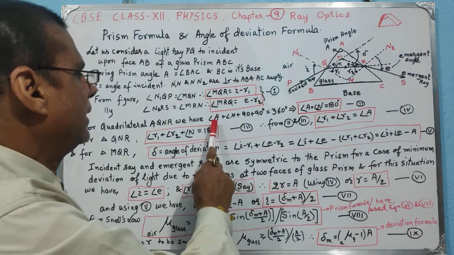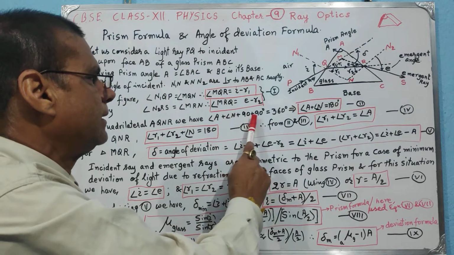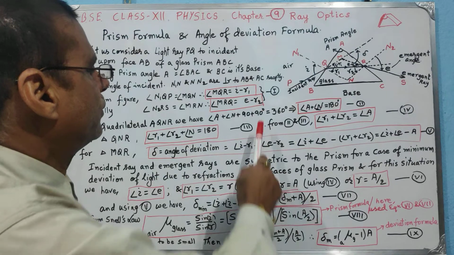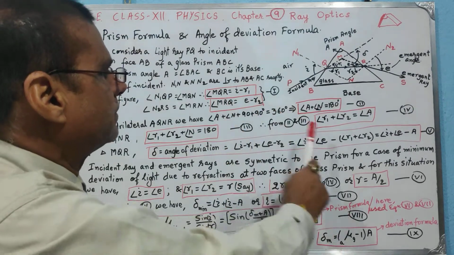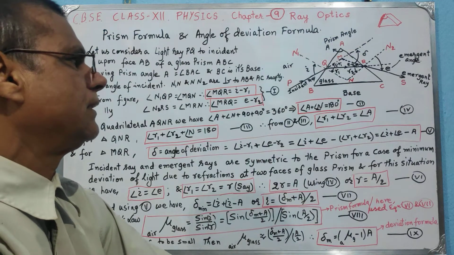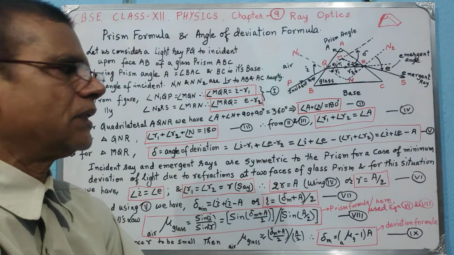So we have angle A plus angle N plus 90 plus 90 equal to 360 degrees, and on subtracting 180 from 360 we get angle A plus angle N is equal to 180 degrees. We name it equation number 2.